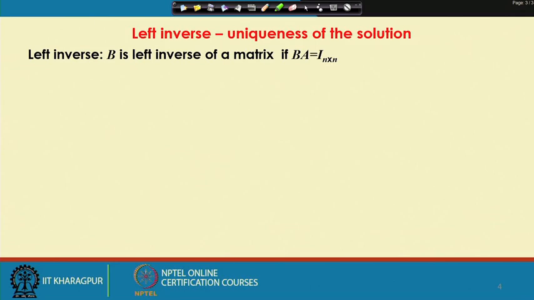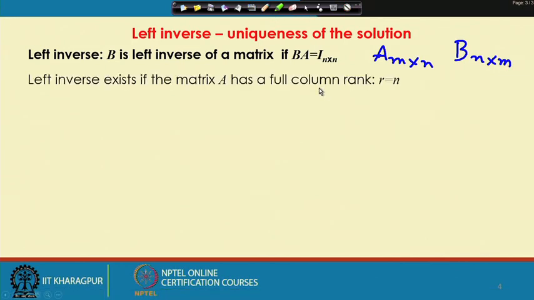If the matrix A is of order m into n, then B multiplied before A gives us an identity matrix n into n. So, B will be n into m. So, both are rectangular matrices; the left inverse and right inverse are both rectangular matrices in the cases when A is a rectangular matrix.